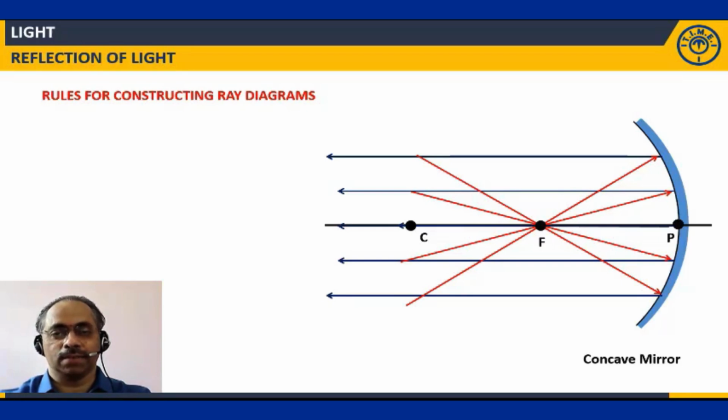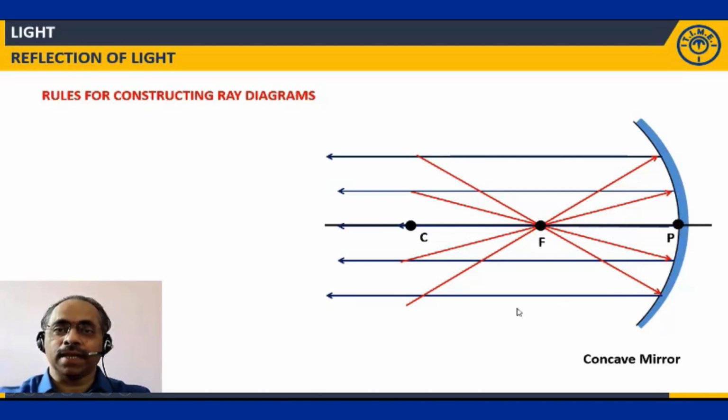So the point is clear. The light rays can retrace their path. If the light ray is incident parallel to the principal axis on the mirror, after reflection it will pass through the principal focus. If the light ray is incident through the focus, after reflection it will go parallel to the principal axis. This is the case of a concave mirror.